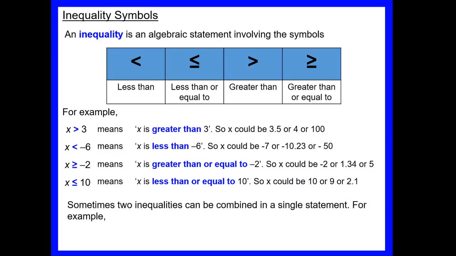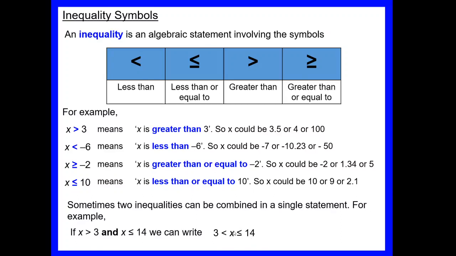Okay. Sometimes then we have 2 inequalities that can be combined for a single statement. So if x is greater than 3, and x is also less than or equal to 14, so it satisfies both those inequalities at the same time, we might write it like this. We could say that 3 is less than x, and x is less than or equal to 14.